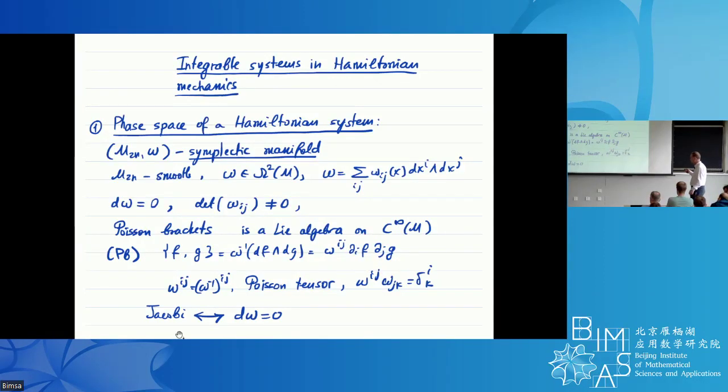It's a standard exercise for people who start studying symplectic geometry that the closedness of omega is equivalent to the Jacobi identity for this operation. So we have a Lie algebra on the space of functions. This Lie algebra is given by a first-order differential operator in each of the variables, and so it satisfies the Leibniz rule as a consequence.